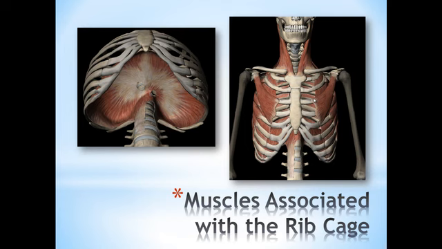Now, the neurological control of the muscles associated with ventilation is both voluntary and involuntary. And lastly, what's critical with this is that these muscles are in fact life-sustaining.